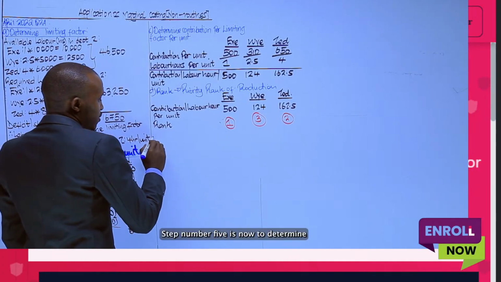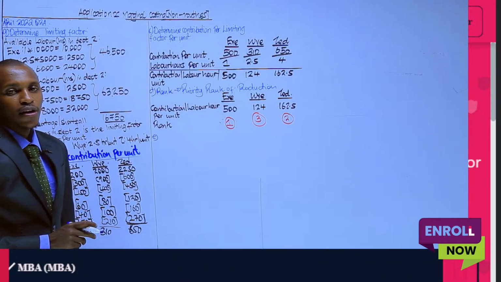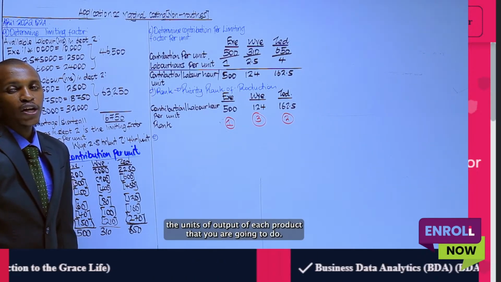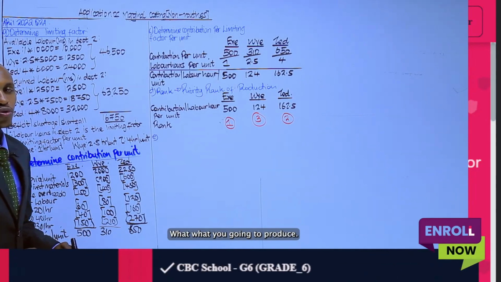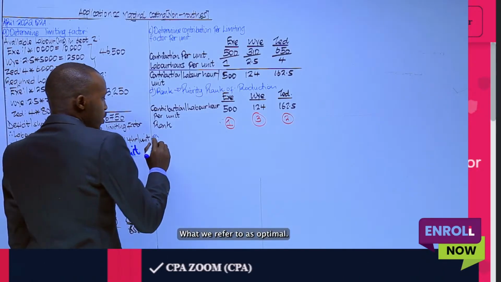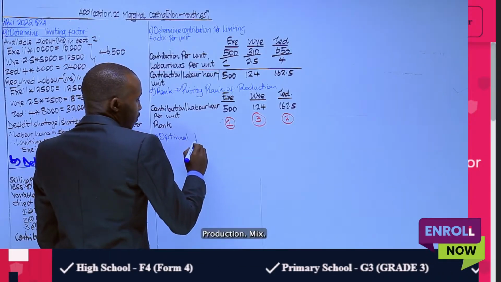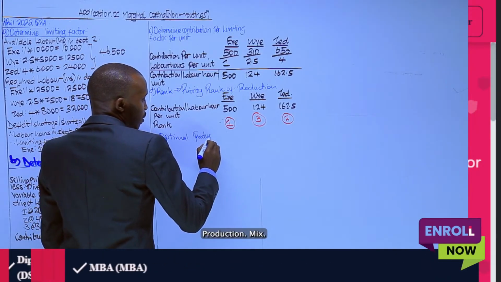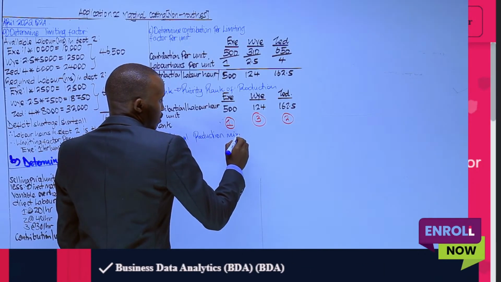Step number 5 is now to determine the units of output of each product that you're going to produce. What we refer to as the optimal production mix.